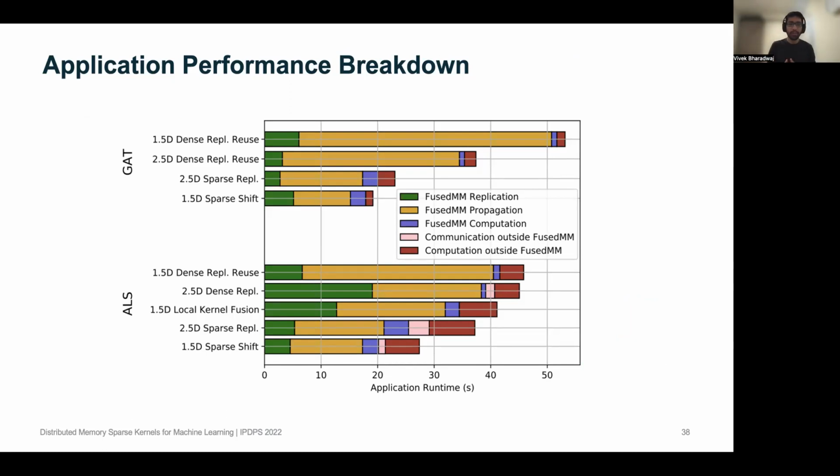We see that for the Amazon matrix, the 1.5D sparse shifting algorithm is winning out. We see that all of our algorithms can leverage replication to drive down the cost of propagation, and computation in both FusedMM and outside is sort of a lower order term. These applications are again heavily communication bound.